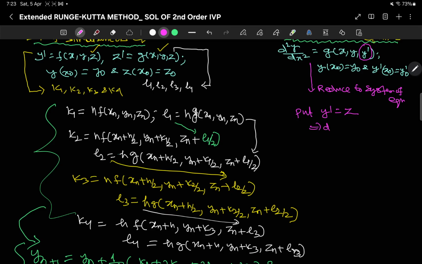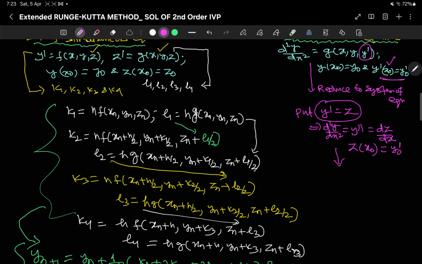That means d²y/dx² = y'' = dz/dx. Accordingly, y'(x0) becomes z(x0) = y0'. So now this equation is converted to a system of equations.